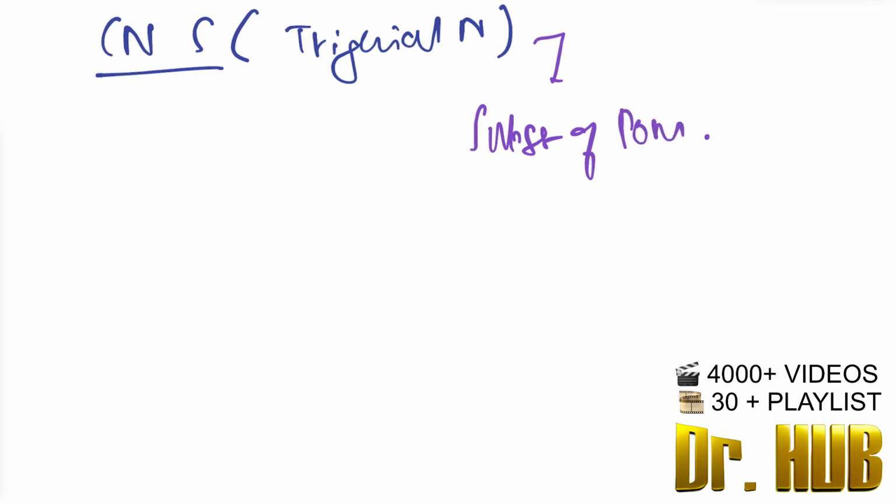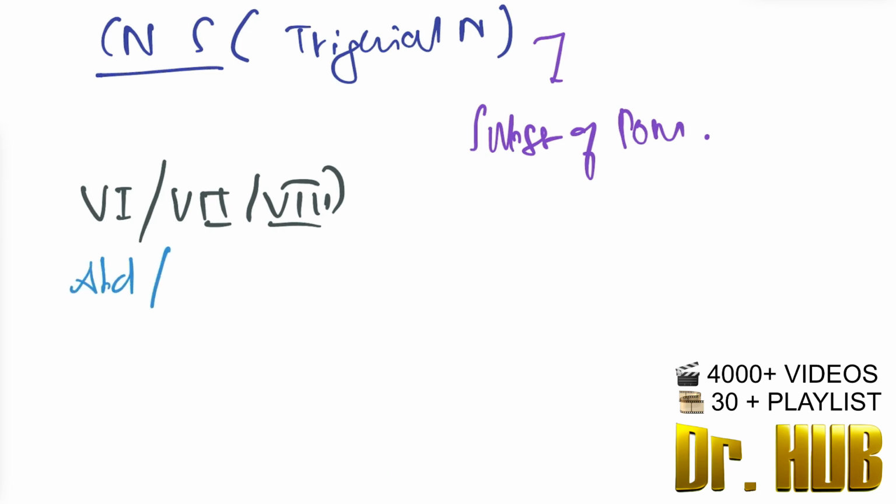Then moving on to the 6, 7 and 8. So what are the 6, 7 and 8 called? The 6th is known as the abducent nerve. The 7, as we know, is the facial nerve. And 8 is nothing but the vestibulocochlear nerve.